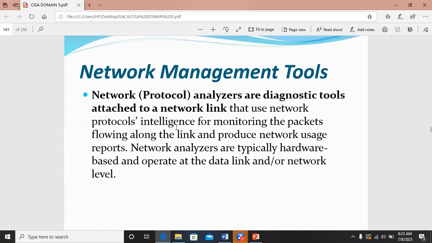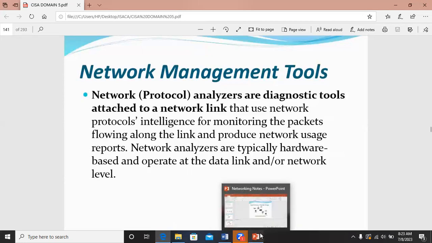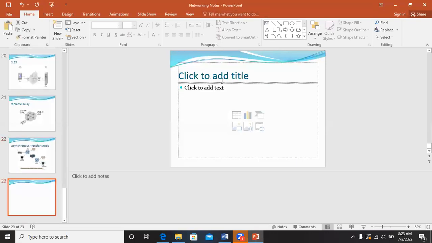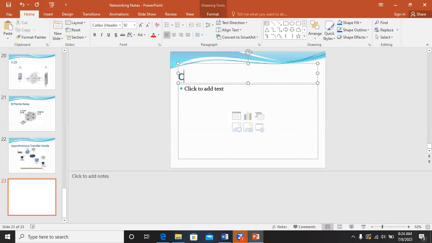I think I mentioned that you should Google common ports. Common ports.